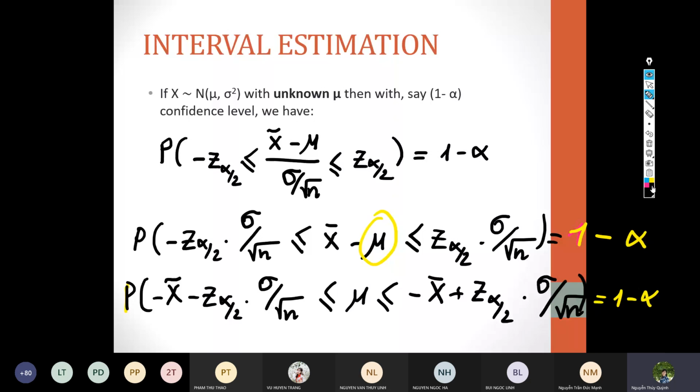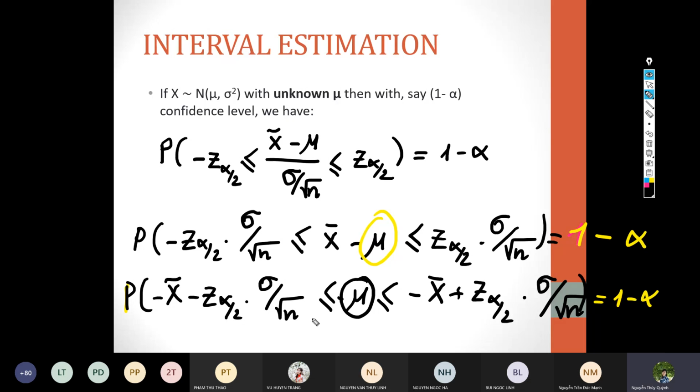And finally, we want to multiply all this by minus 1 to get a positive mu in the middle.